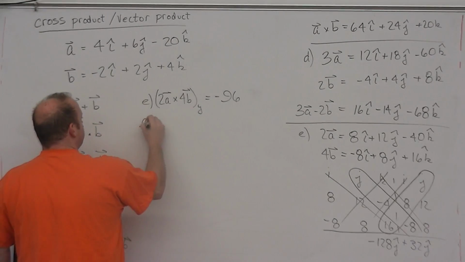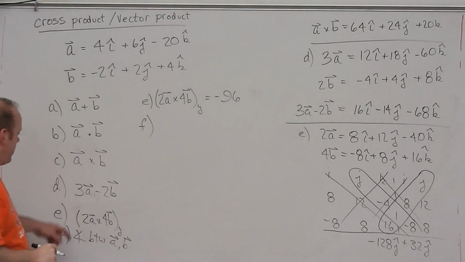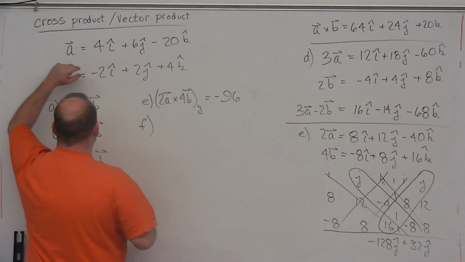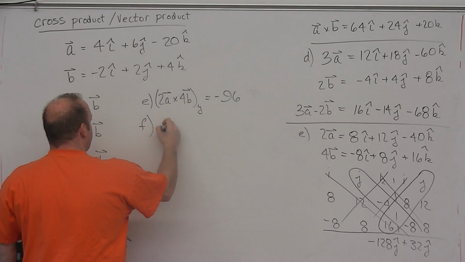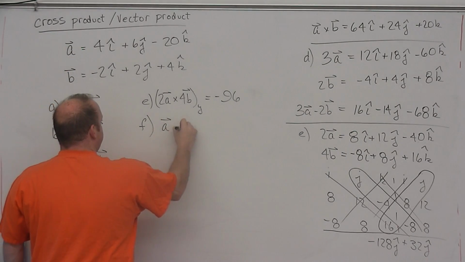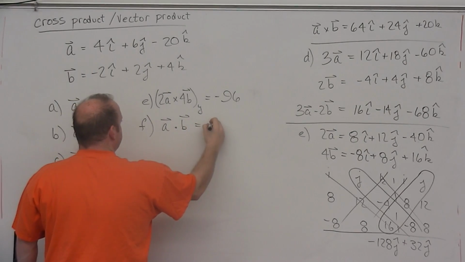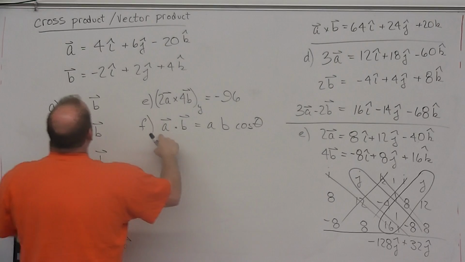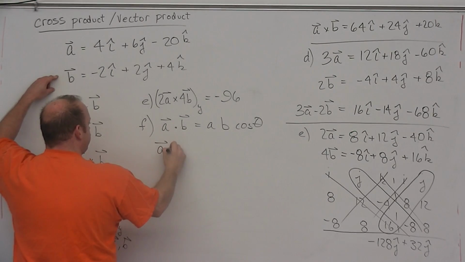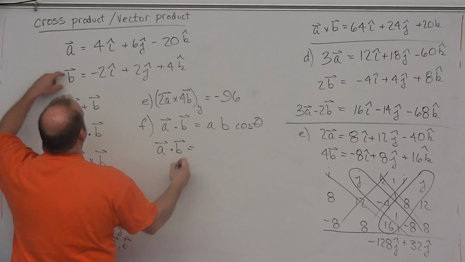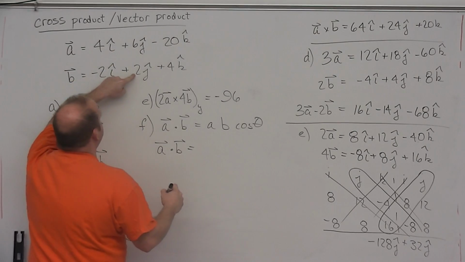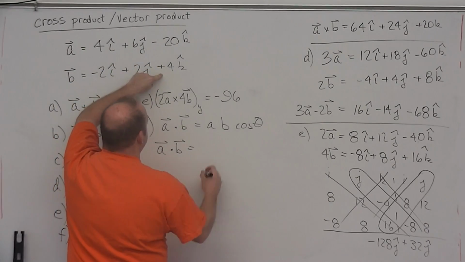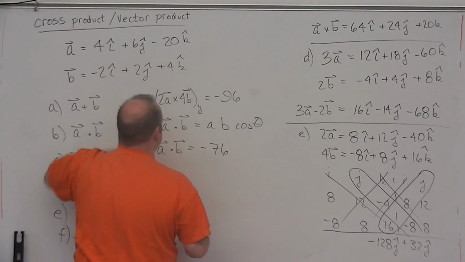I'm going to use that A dot B is equal to magnitude A times magnitude B cos theta. So A dot B, negative 8 plus 12 is 4, minus 80 is negative 76.